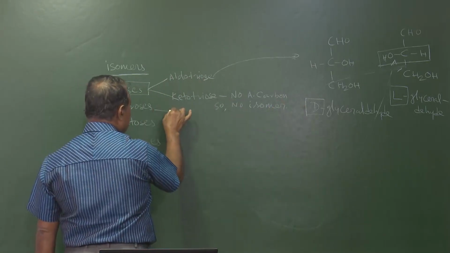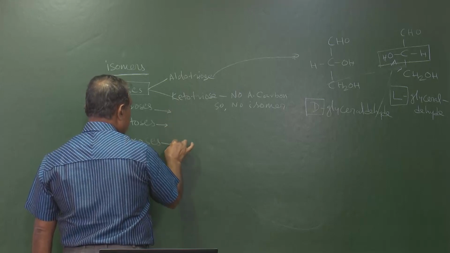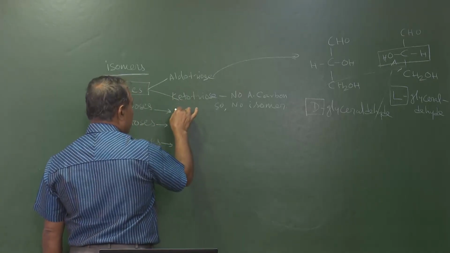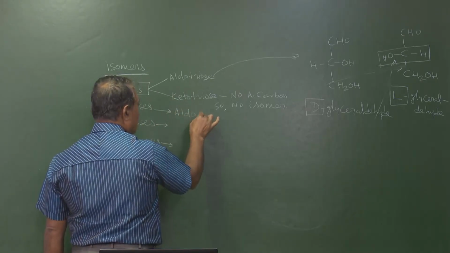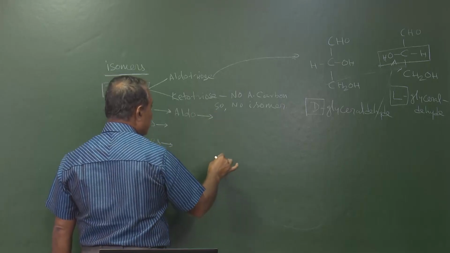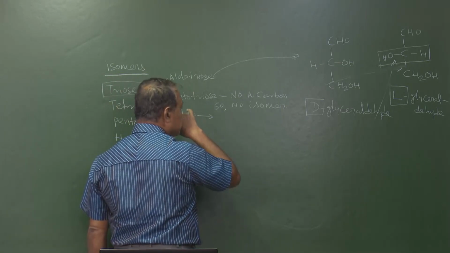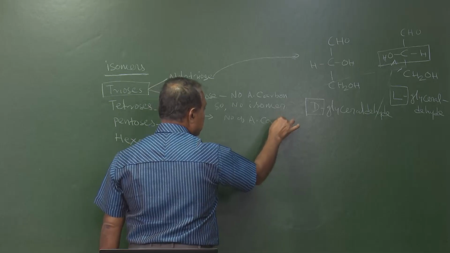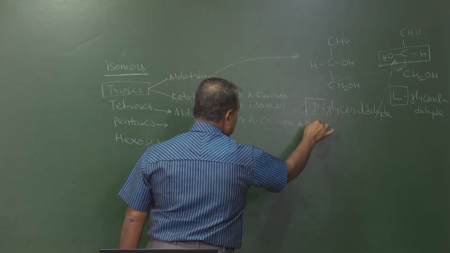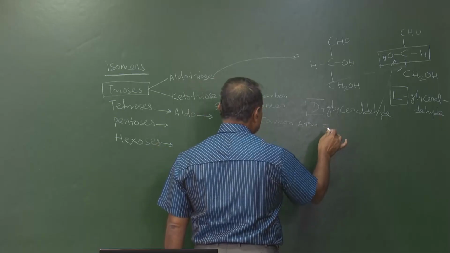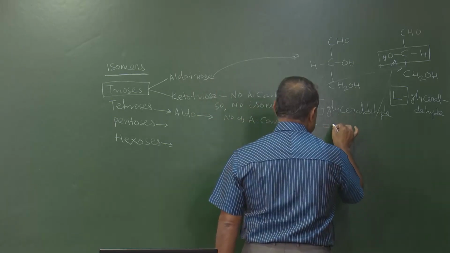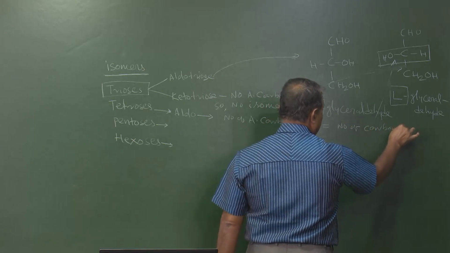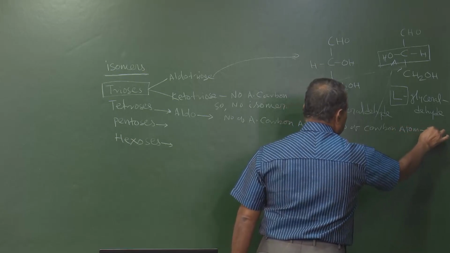But when we come to tetrose, pentose, hexoses, in case of tetroses, what will happen? Now there will be aldotetrose. In case of aldose, how many asymmetric carbon atoms will there be? The number of asymmetric carbon atoms is equal to the number of carbon atoms minus 2.